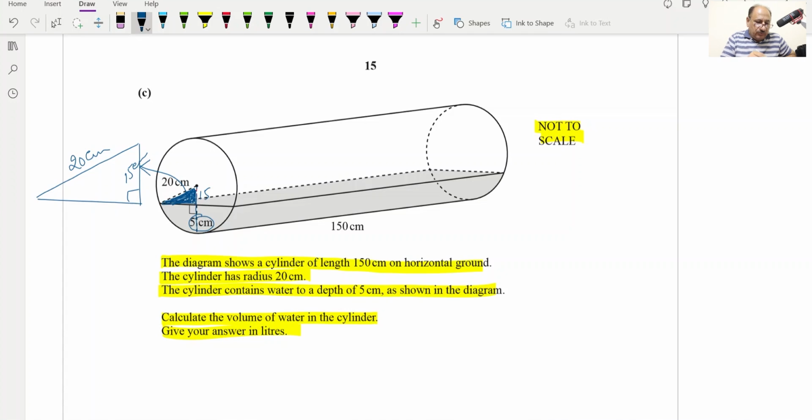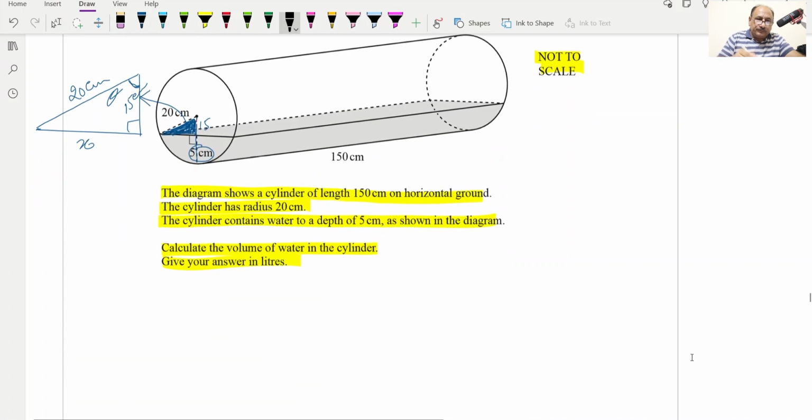So one side is 15, the other side is 20 centimeter. Now we can find this theta angle. So this is the theta angle which we are finding. If this side is, for example, x, so we can find this side also, and first we'll find this side x. So we can apply the Pythagoras theorem.